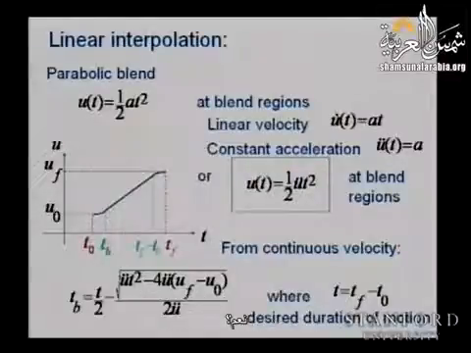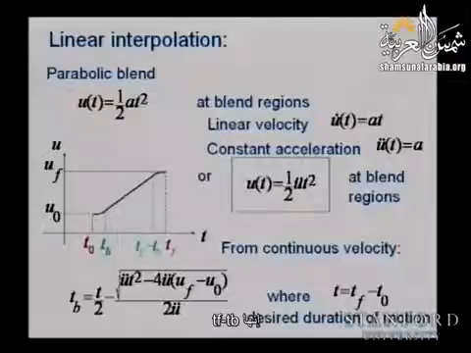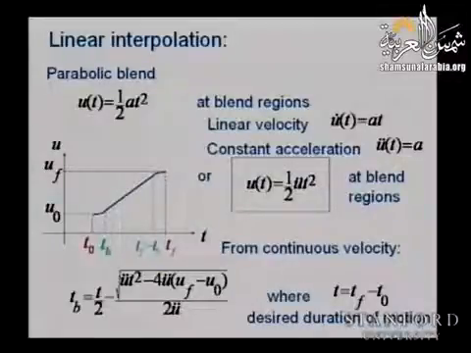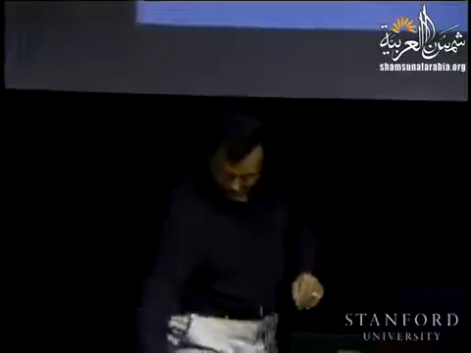Yes? That green point t sub b to the left, is that t sub b or is it actually t sub 0 plus t sub b? It's t sub f minus t sub b. I'm sorry? The left. That's t sub 0, that's t sub b.